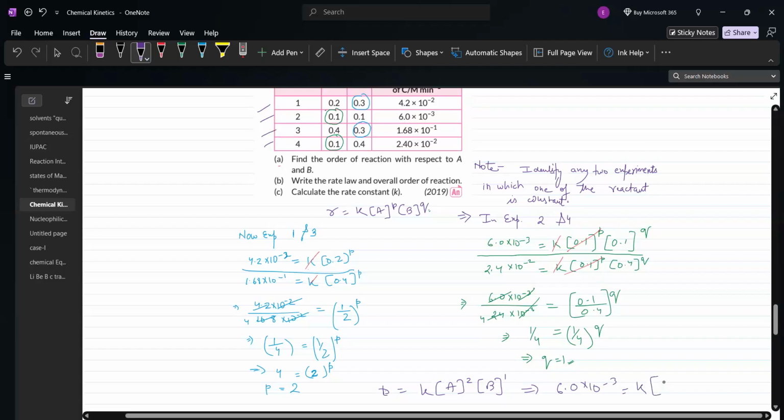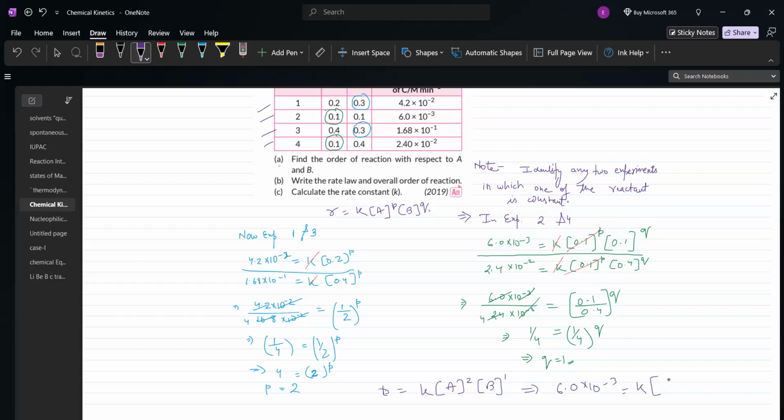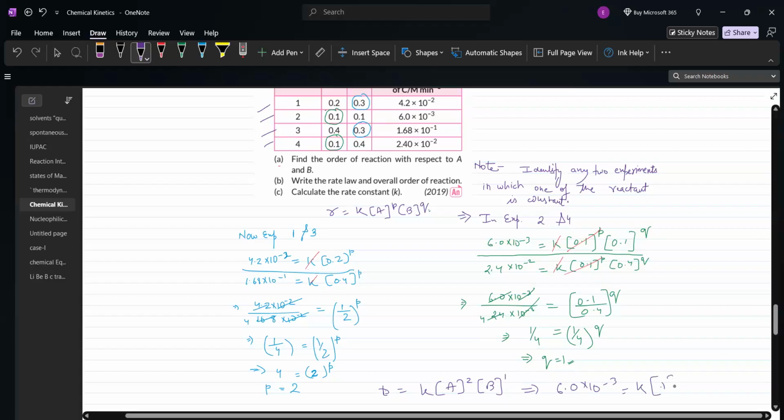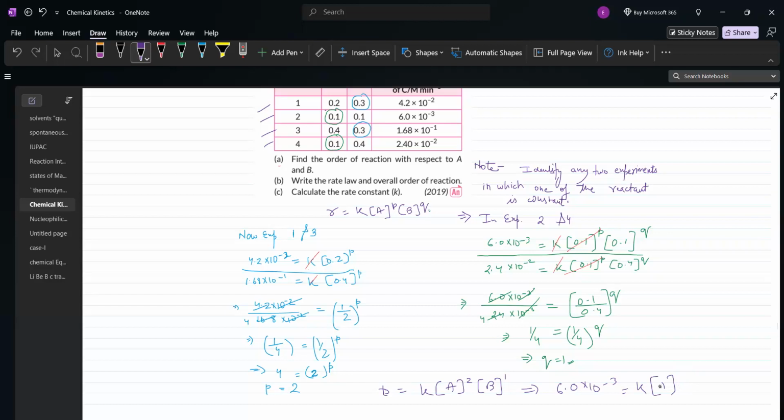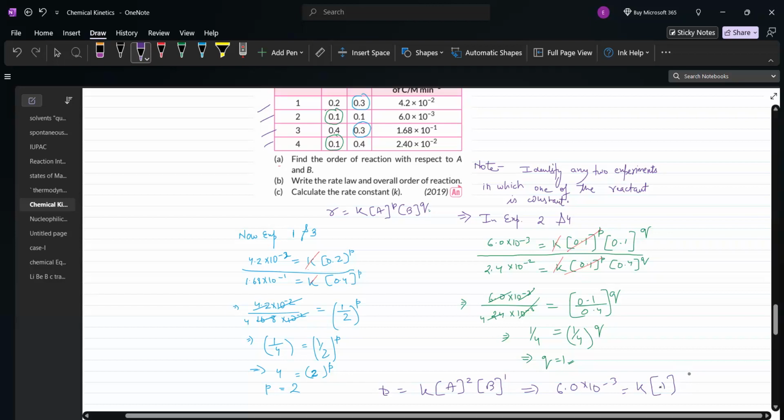What will we put as the value of A, Zaina? 0.1. And for the rest, can you tell me, Rishita, what should be the power here?